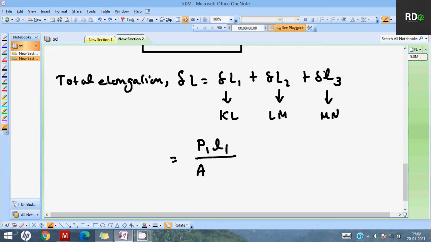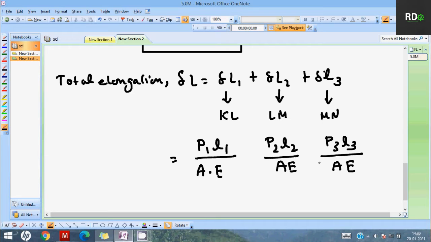They have different forces and different lengths, but a uniform cross section. So A will simply be A, not A1, A2 or A3, and they are made of the same material, so the same E. Next it will also be P2 L2 over AE for the second segment, and then P3 L3 over AE.